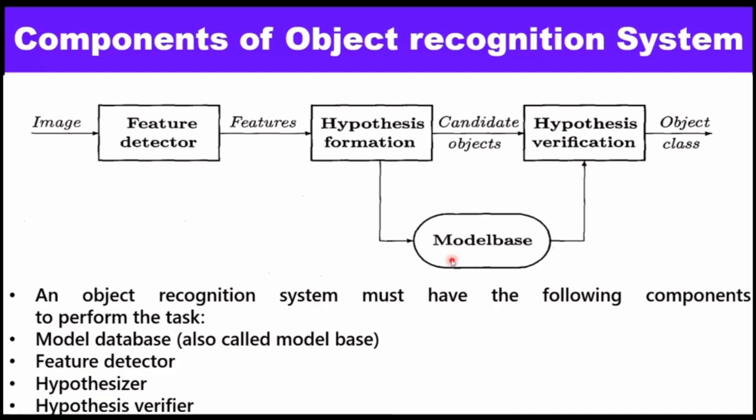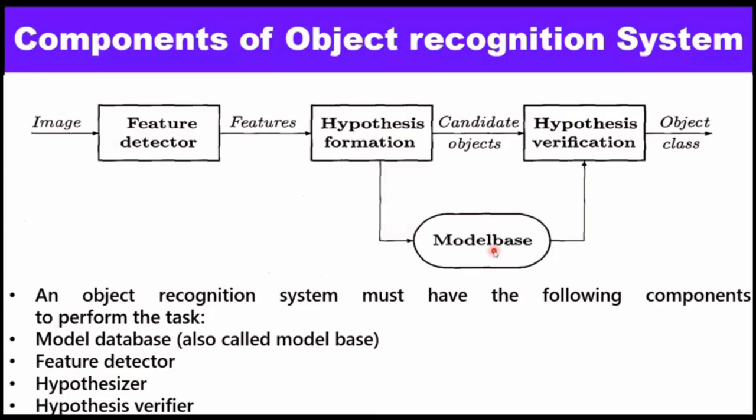So already in the model database we have stored images of that hexagonal bolt, wherein its texture, color, size, various geometrical parameters, or the features on which we want to recognize, are already calculated and available here.